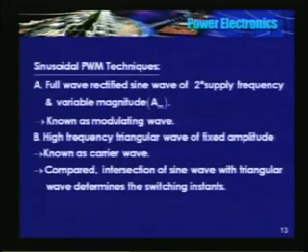What is the modulating wave? It is a full wave rectified sine wave having the same frequency as that of the supply, but with changing magnitude. You can get this waveform by stepping down and rectifying using a diode bridge.